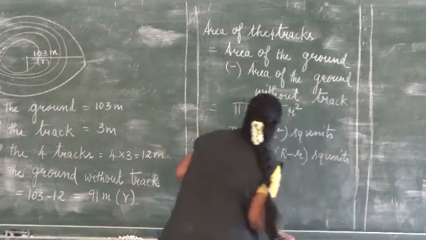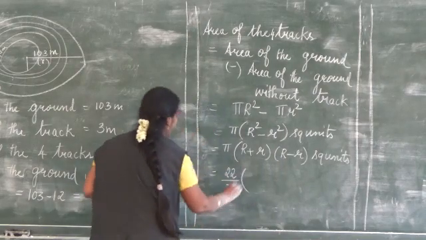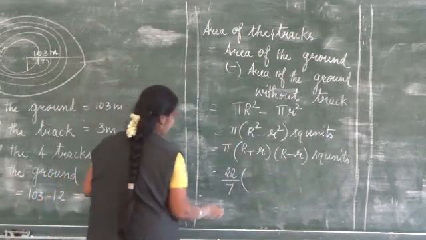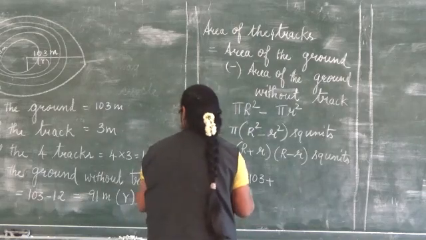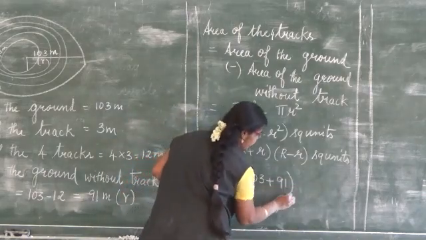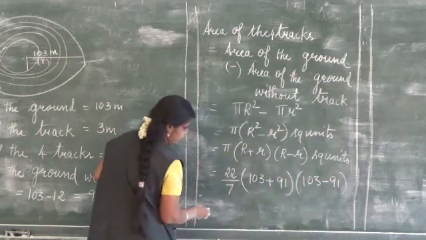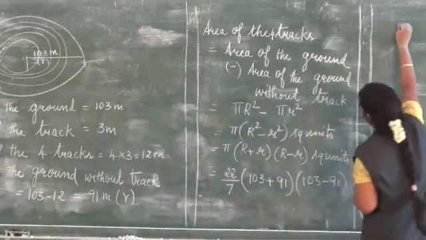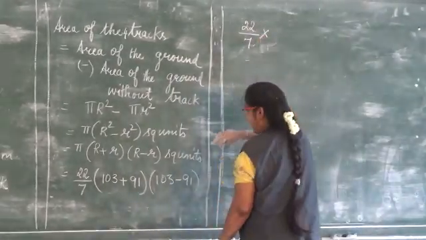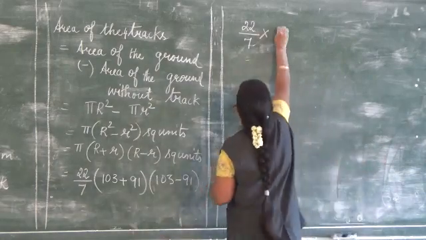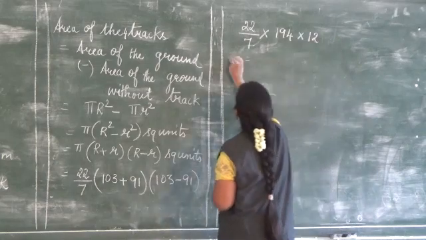So the value of pi is 22/7, value of capital R is 103, small r is 91. So into 103 minus 91. So this is equal to 22/7 into 103 plus 91, 194, into 12.